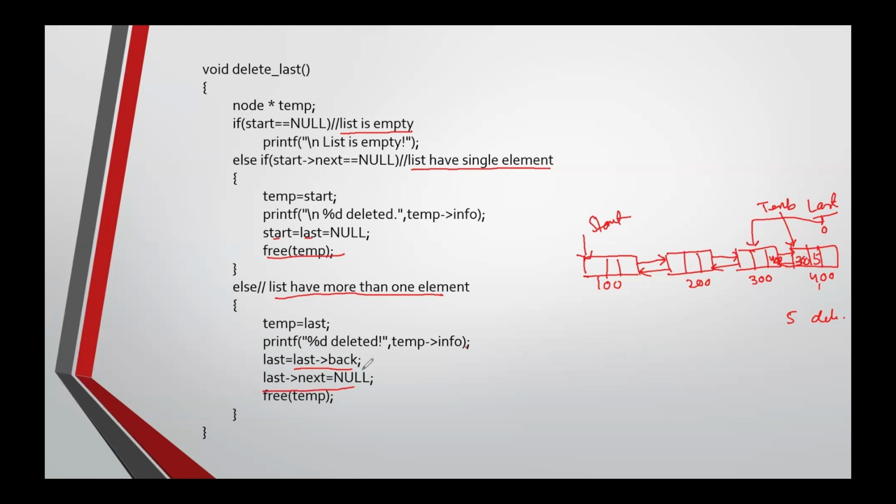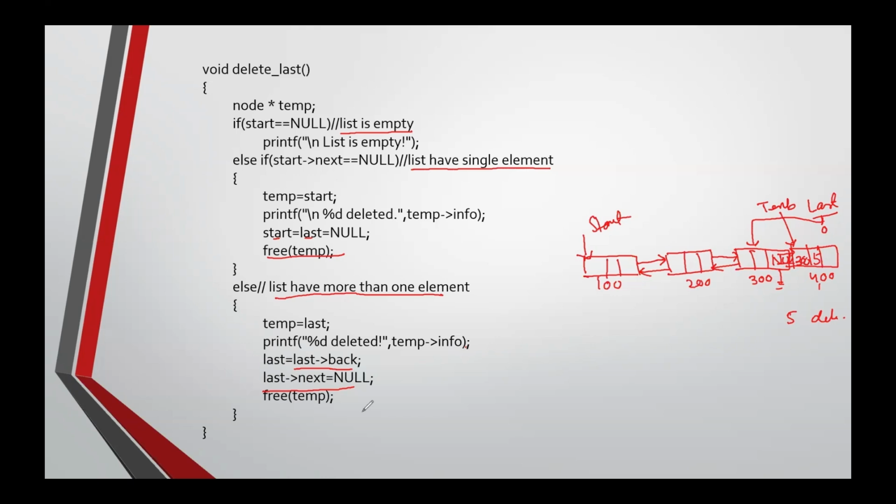After that, last next equal to NULL. Right now, this is the last. Last next which address? 400 means it points to this one. Whenever we make this node the last node, this should point to which value? NULL value. So right now 400 is gone. Which value is stored? NULL. It points to NULL.